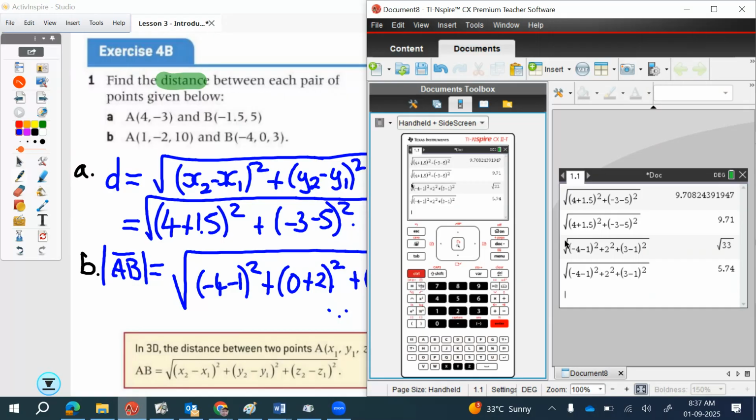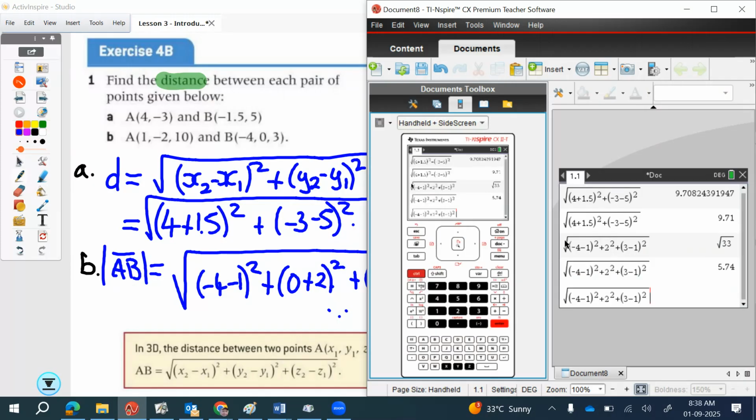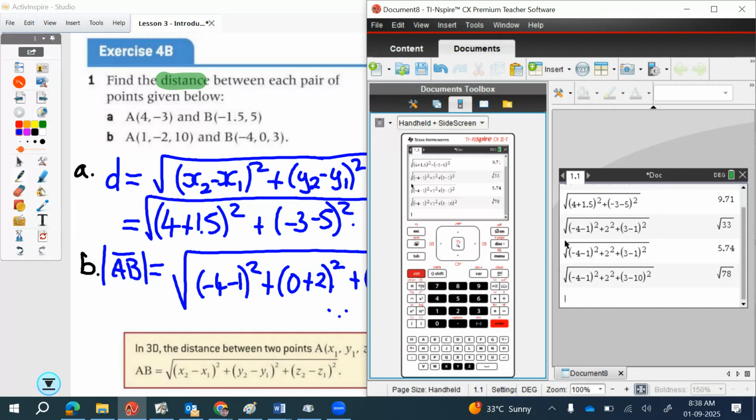If I've made a mistake, I scroll up to this one and press enter. It will copy that one down for me and let me go in and edit the number. I can add in the 0 that I missed here, press enter, and I get root 78.